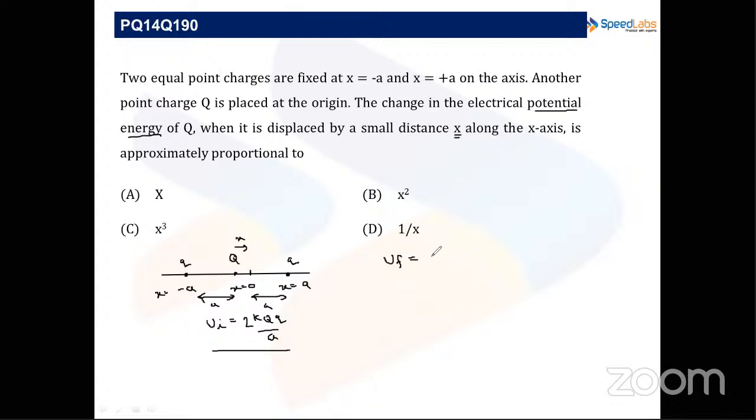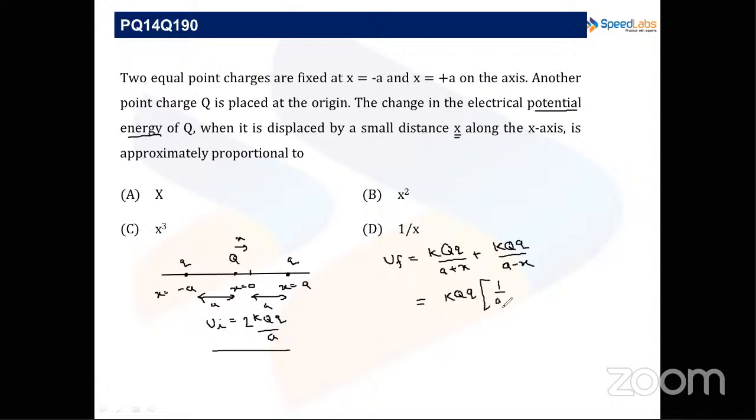Final is K Q1 Q2 by R. So K Q q by, distance between them now is A plus X, and potential energy due to other is K Q q by A minus X. So let us first simplify this. So I am taking K Q q common.